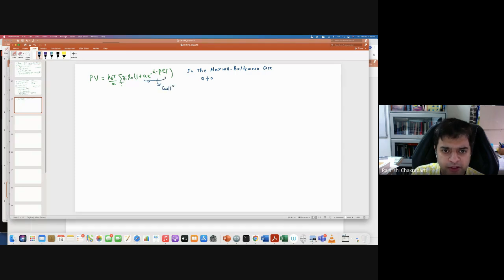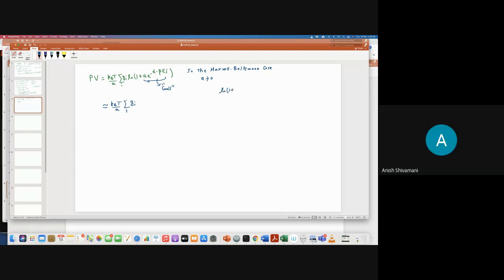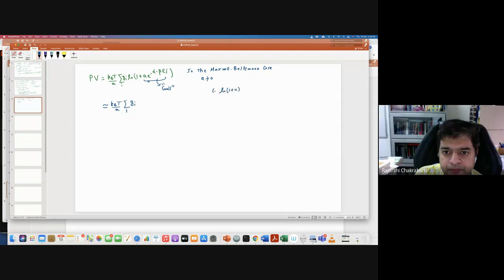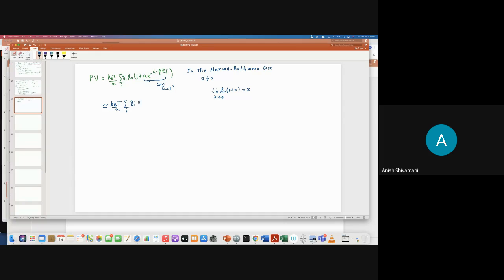We'll talk about it later also in more detail. If it is small, this thing becomes k_B T by a, sum over i, g_i. You know what ln(1 + x) is in the limit x goes to 0. What is the answer? This is how it is, isn't it?